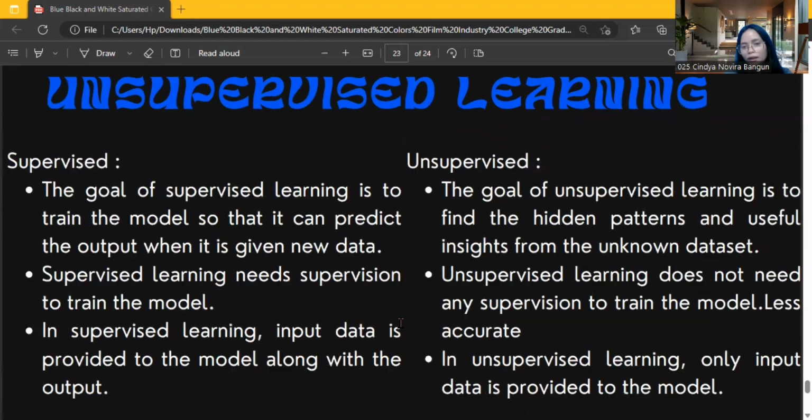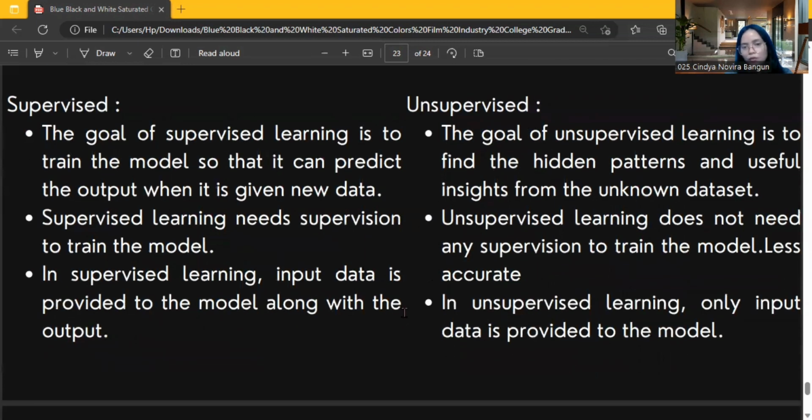The goal of unsupervised learning is to find the hidden patterns and useful insights from the unknown dataset. 8. Unsupervised learning does not need any supervision to train the model. 9. In unsupervised learning, only input data is provided to the model.